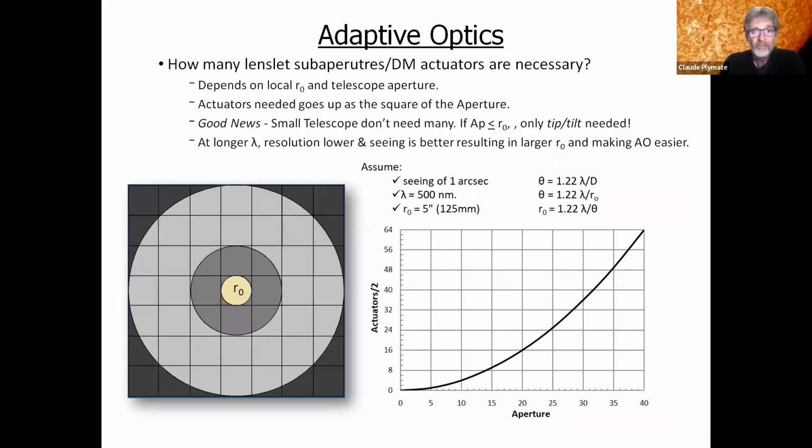Okay, so how many lenslet subapertures or DM actuators are really necessary? Of course, it depends on your local R naught, how large of an aperture can remain diffraction limited and critically sampling that scene, and of course, your actual telescope aperture. In other words, let's take an example.